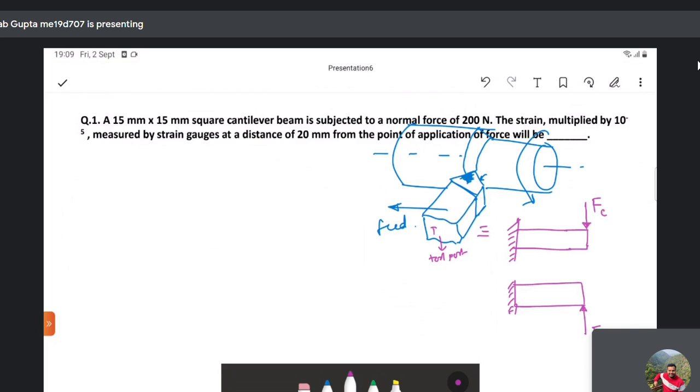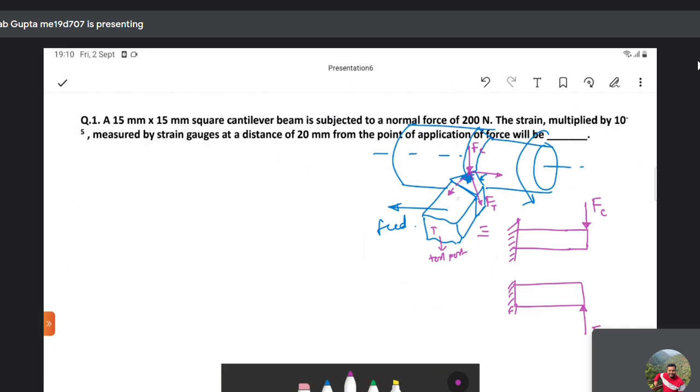Okay, so there will be actually the force that will be acting at this point. If this is the cutting force, the thrust force will be somewhat like this. So this thrust force can be further divided into two components.